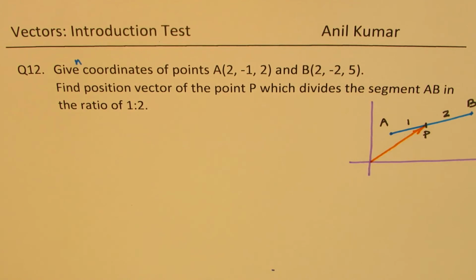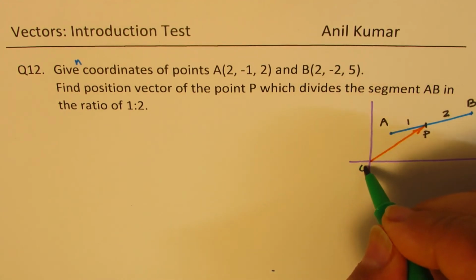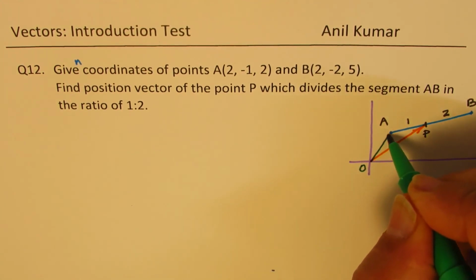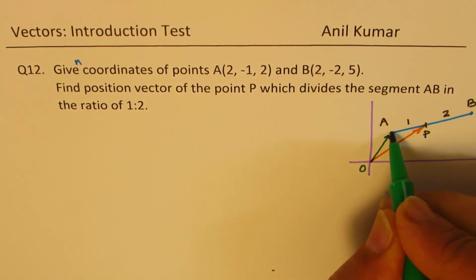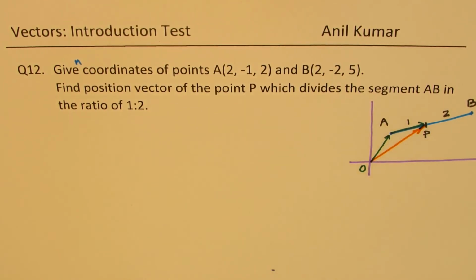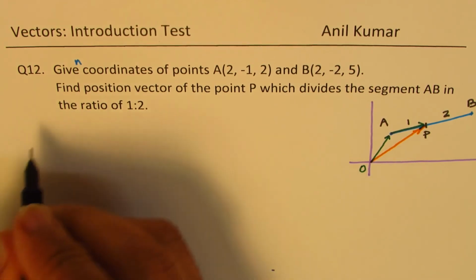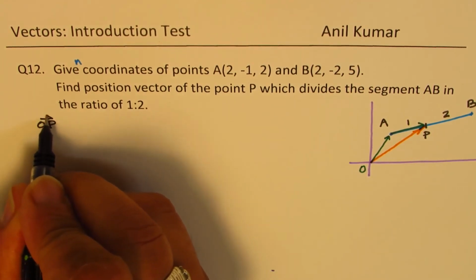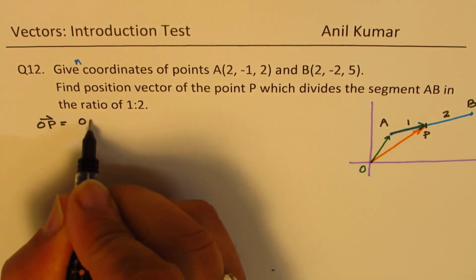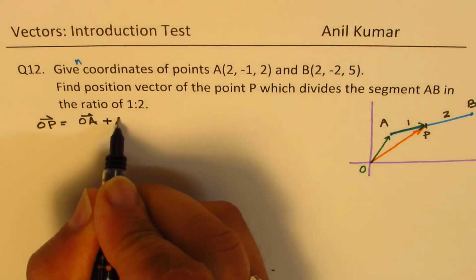So OP can be written as a combination of O to A plus A to P, right? So that is how we could find it. So we can say that OP is basically equal to OA plus AP.